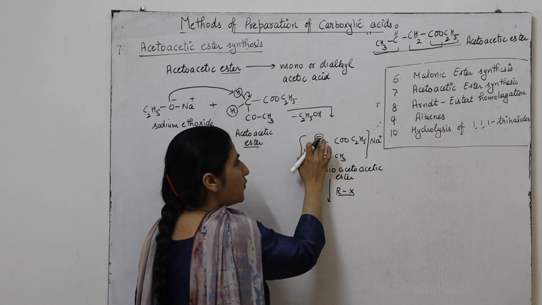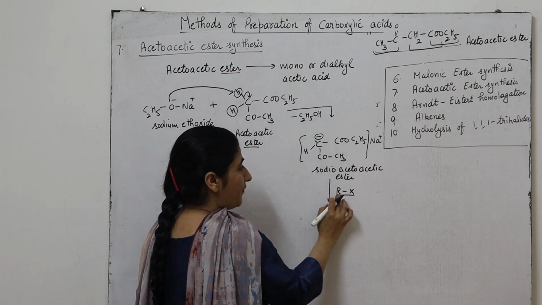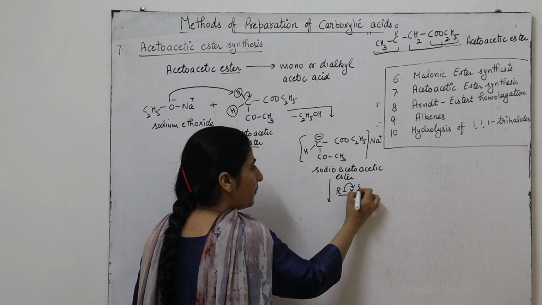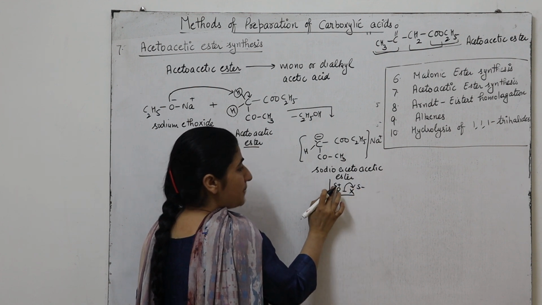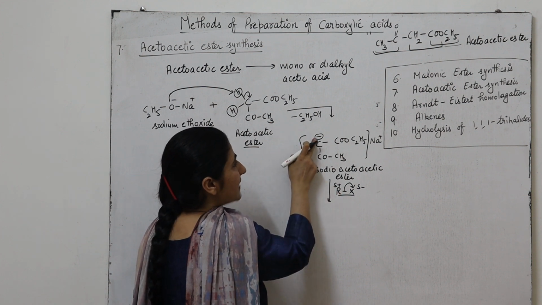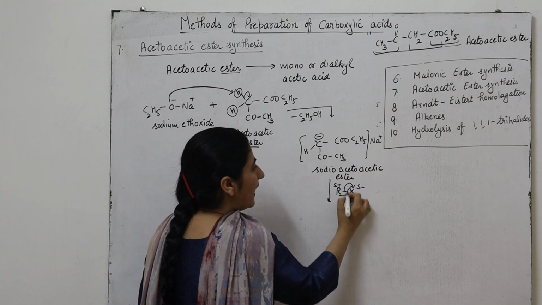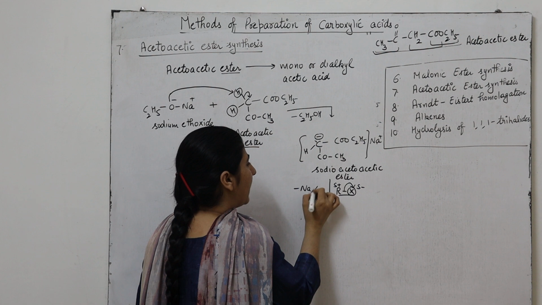Again this acts as a nucleophile, so it has a tendency to attack the electron deficient site. As we know, the electron withdrawing group is negative and this alkyl group is positive. Positive charge means electron deficient, and this carbon negative attacks this alkyl group. The halide group and sodium are eliminated in the form of sodium halide.